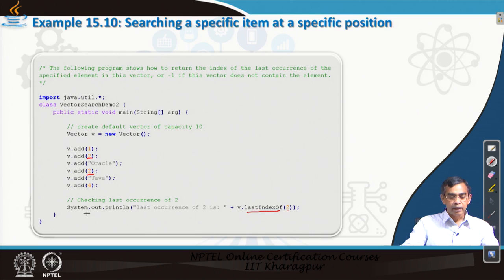Now, you can call the lastIndexOf method. If you just use contains, it will check the first occurrence of the element. So, if you say v.contains(2), it will find the first one, but if you say lastIndexOf(2), that means from the bottom, it can search for the last occurrence of the element having a particular value and return it.